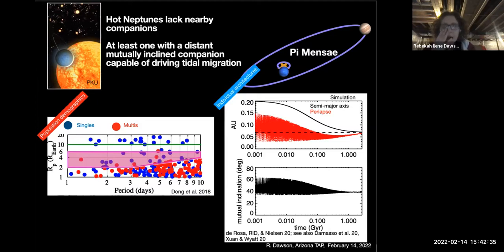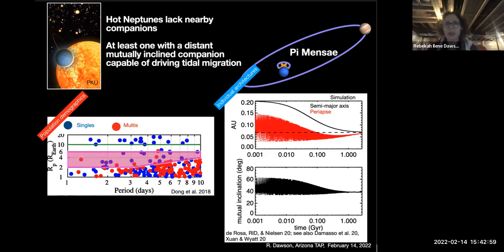Complementary to that, we're starting to learn more about the distant companions from the Gaia mission and the astrometry there. So there's a close-in hot Neptune in the Pi Mensae system, and I worked with Rob De Rosa, who used Gaia astrometry to measure whether those two planets are in the same plane as each other, and found that they are not.